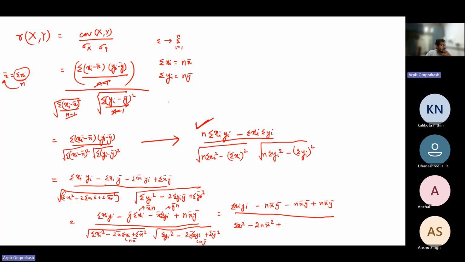And similarly, for the x bar square, this will again be n times. So we are just taking the mean square n times. So this will again be n into x bar square, and this will be n into y bar square. Okay. N x bar square.